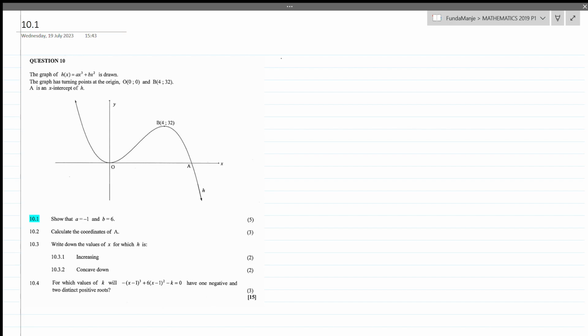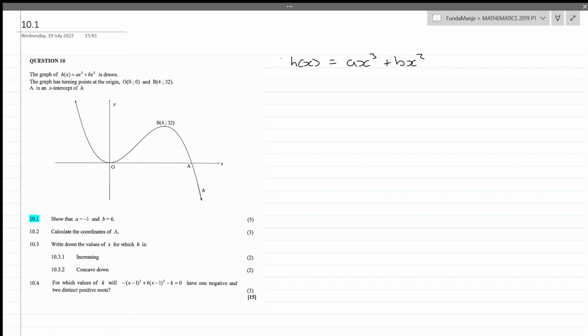So, in order to solve for a and b on h of x, which is ax cubed plus bx squared, we have to formulate two equations, and within these two equations we need to solve for a and b simultaneously. So this is our original equation.